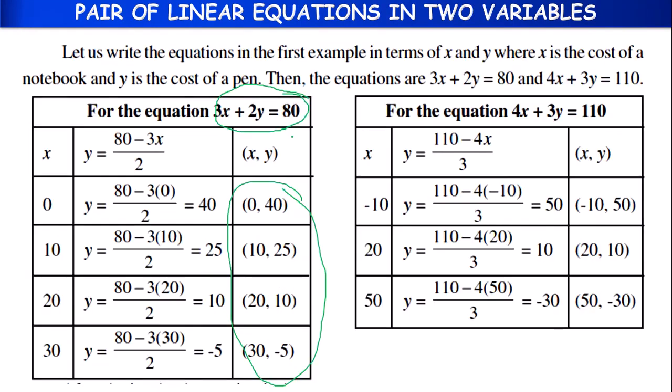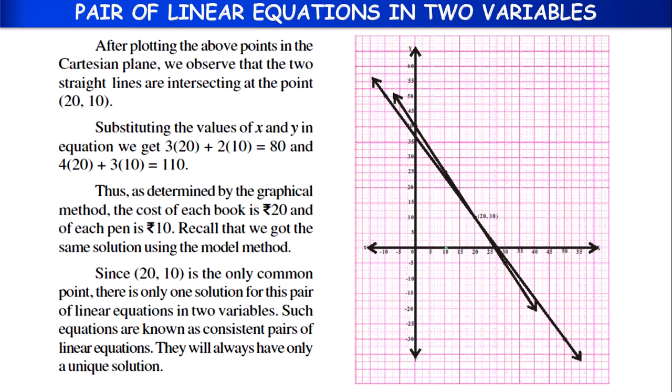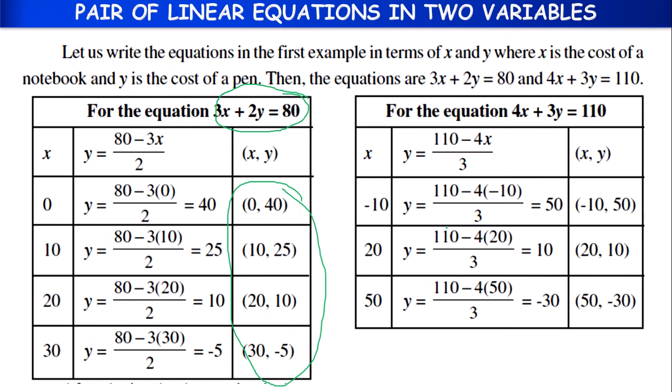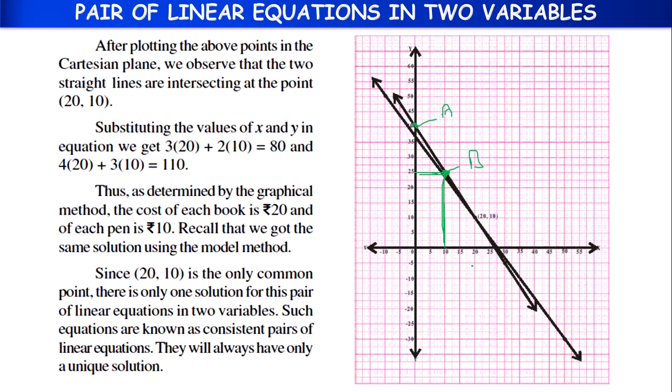Next (10, 25) means here, another point. First point A, second point B. Then (20, 10): at x value 20, the y value is 10.